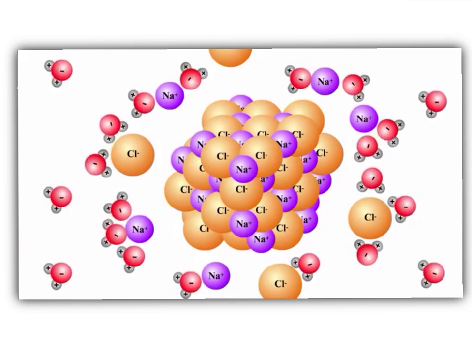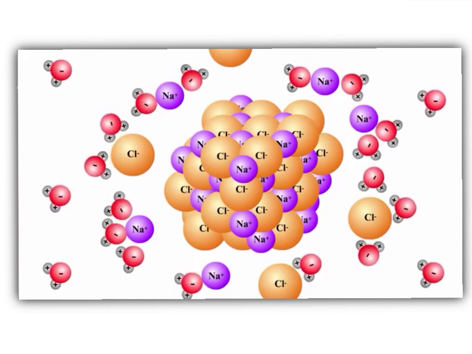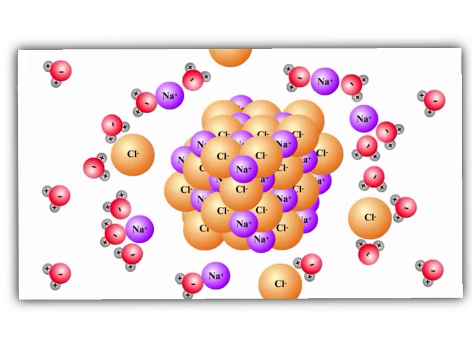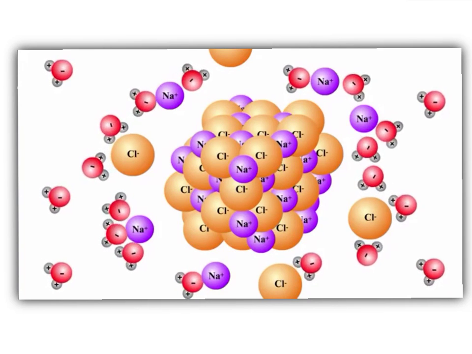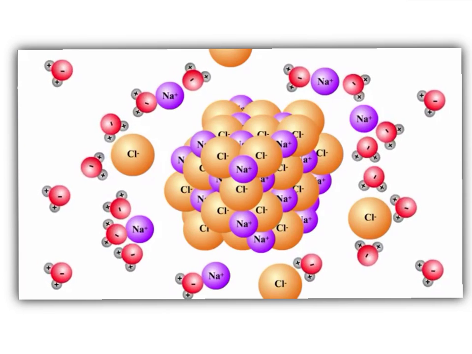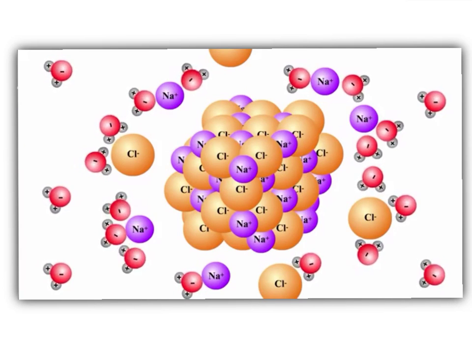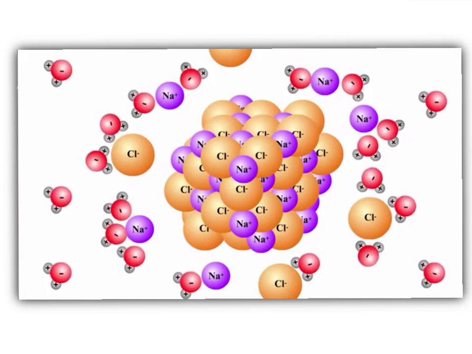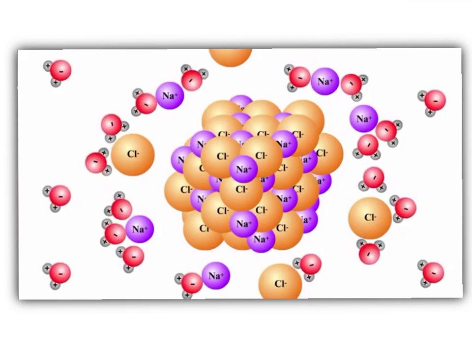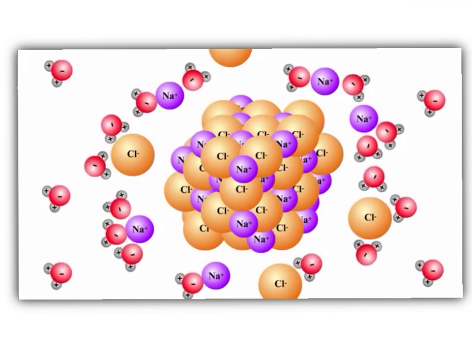This attraction causes the sodium and chloride ions to break up or dissociate in water. Why is this important? Since our cells are mostly water, these solutions of ions and molecules allow chemical reactions to occur much more frequently, which is an important feature to allow organisms to respond to their environment.